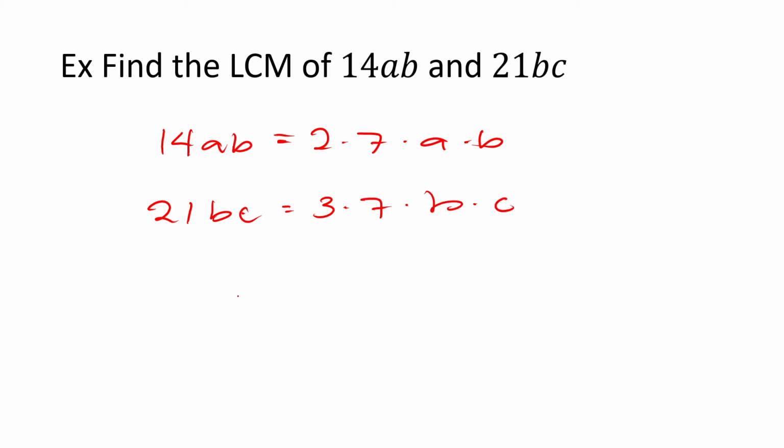So the LCM is going to be the product of 2 times 7 times 3. Again, we're going to count 7 one time only, times a times b times c. B is only counted once, so we don't have double b's. Now combine them.